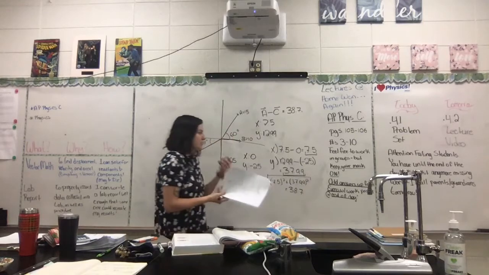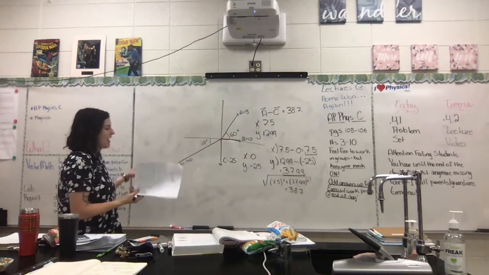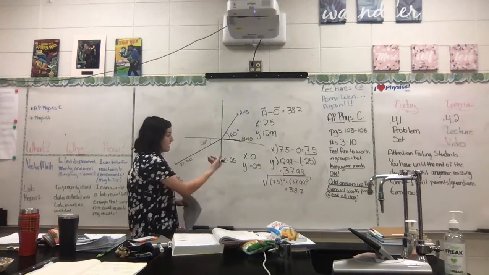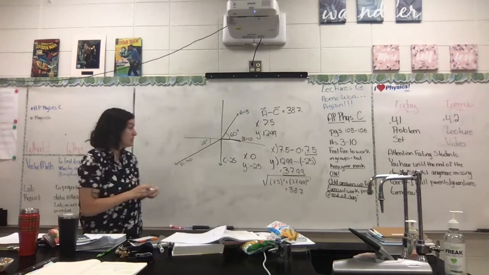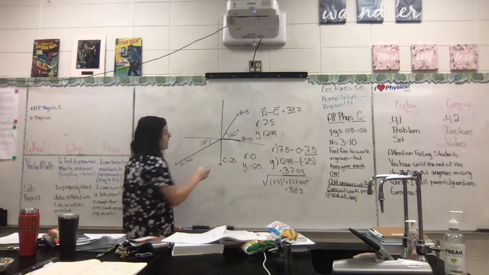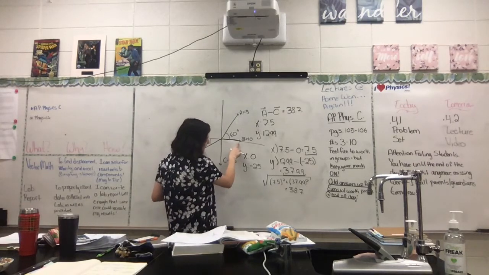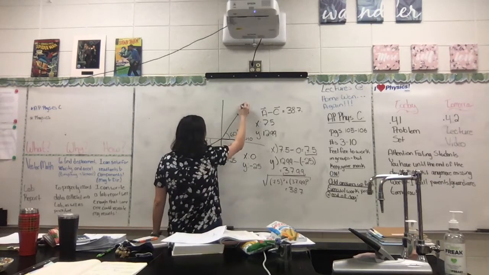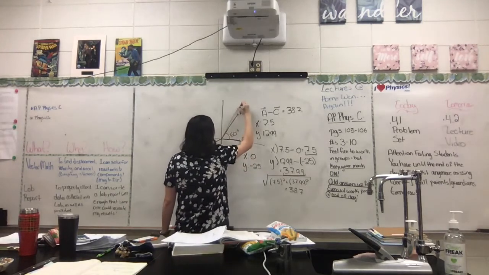So let's switch it up a little bit because we don't always have to use tangent. So let's look at this and think about what it would look like on the graph, okay? Now we have positive 7.5 and positive 37.99. So we're going to be up here somewhere, okay?